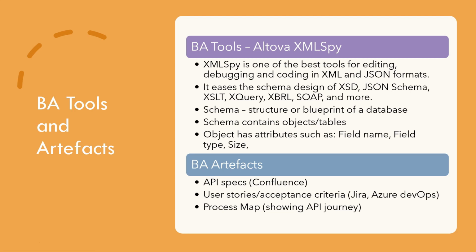And also XML Spy will help you see those codes, or those fields or objects and their definitions, in a proper way, in a tabular way, not in code format. Yeah, you can see them in a tabular way where it will make more sense and you can understand it easily.